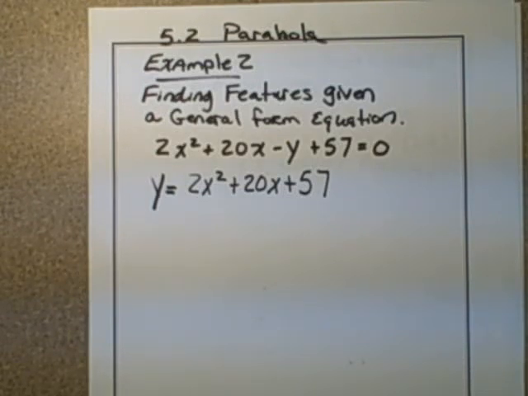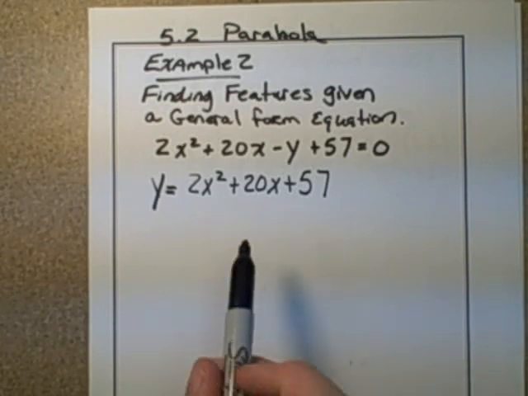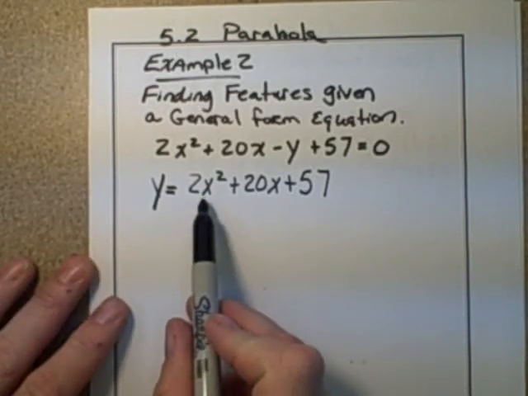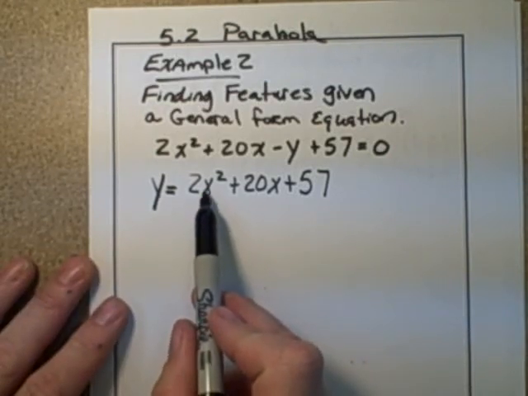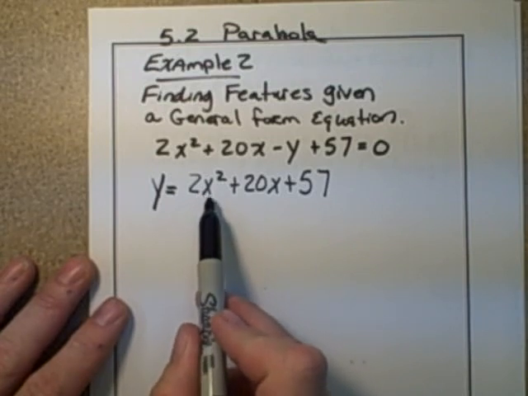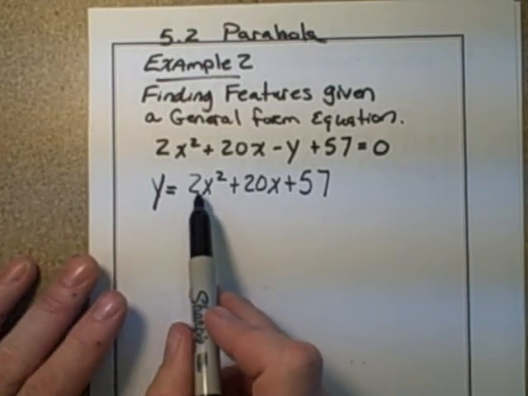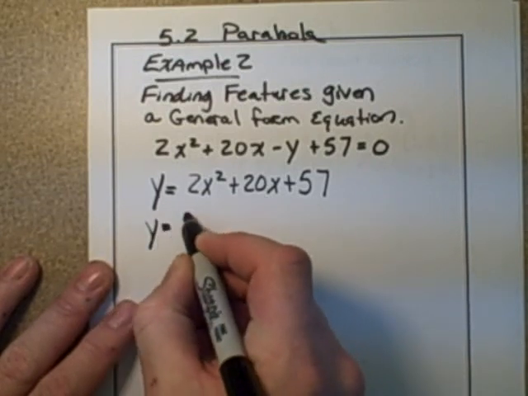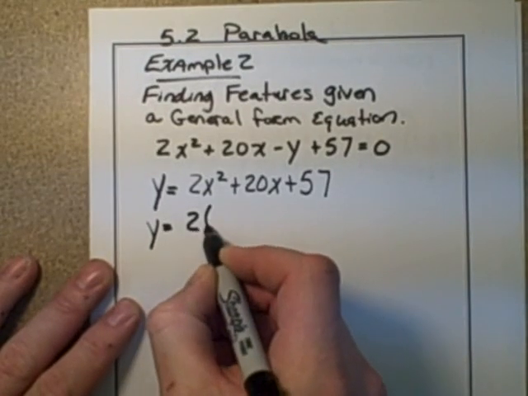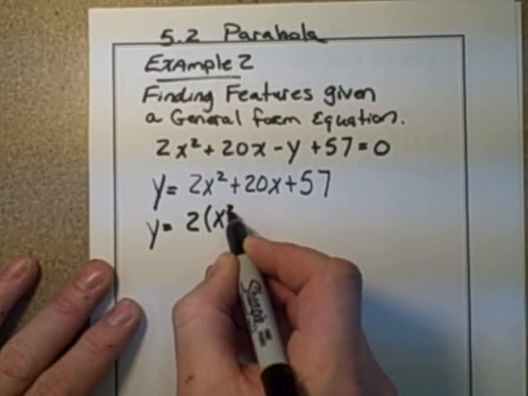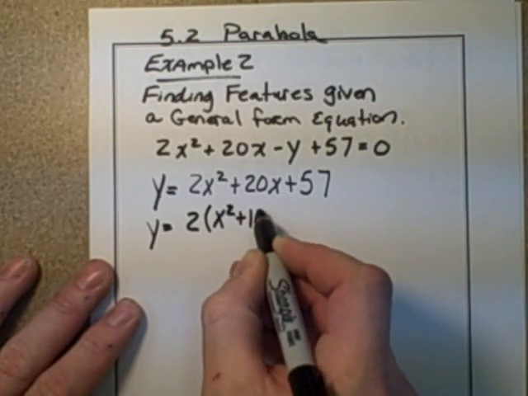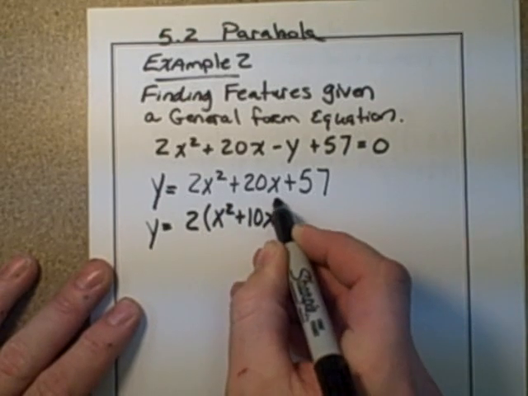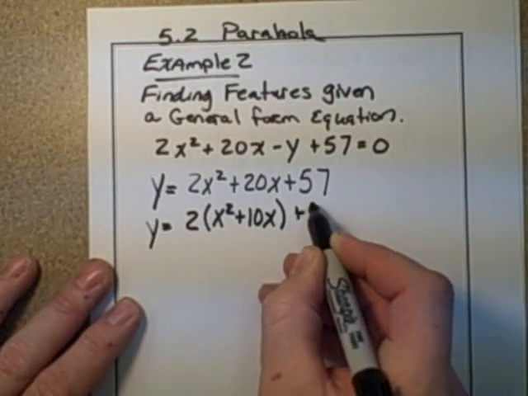I want to complete the square. But this does not have a simple 1 in front of that x squared, so we have to take out a common factor. So y is equal to 2 bracket x squared plus 10x, plus 57.